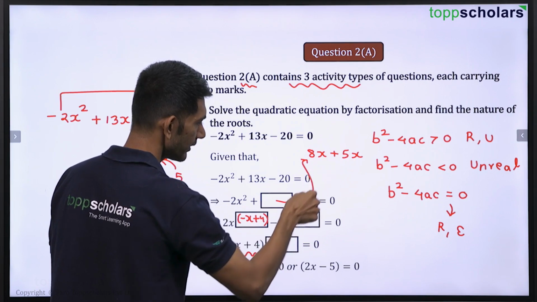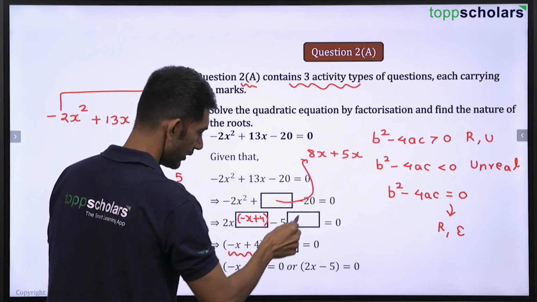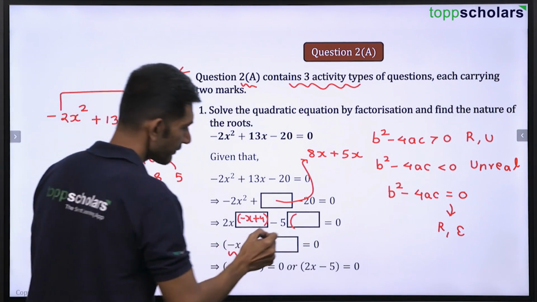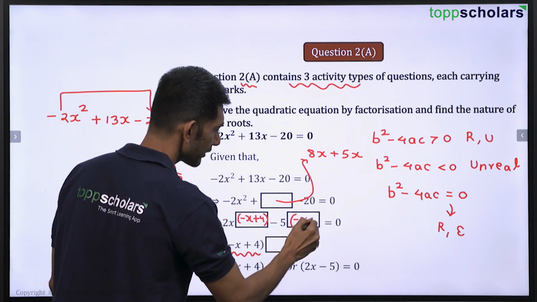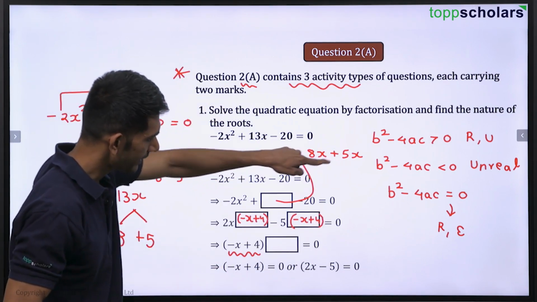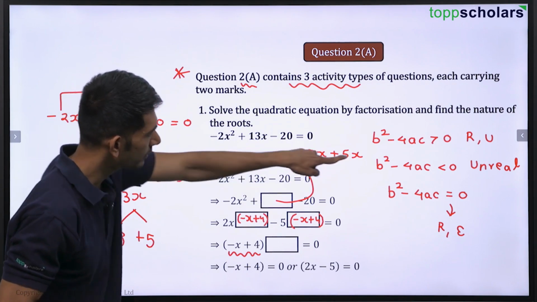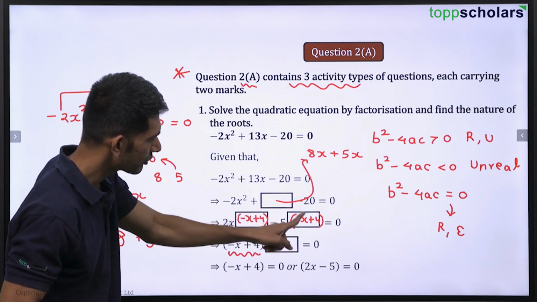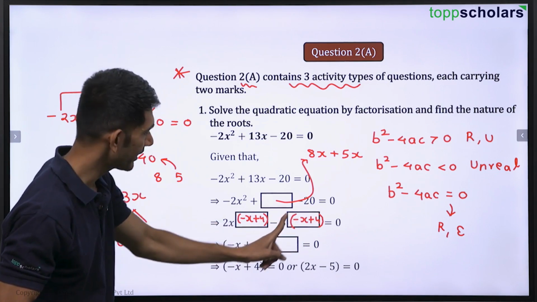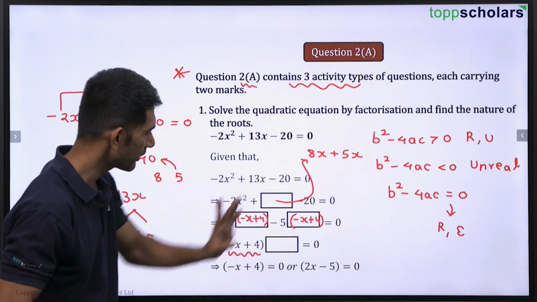I hope this is clear. Then if you take minus 5 common from these two terms, you get 2x minus 5, and you get minus x plus 4 again. Because if you take minus 5 common, this becomes minus x and this becomes positive 4, because minus 5 into positive 4 is minus 20 and minus 5 into minus x is plus 5x.